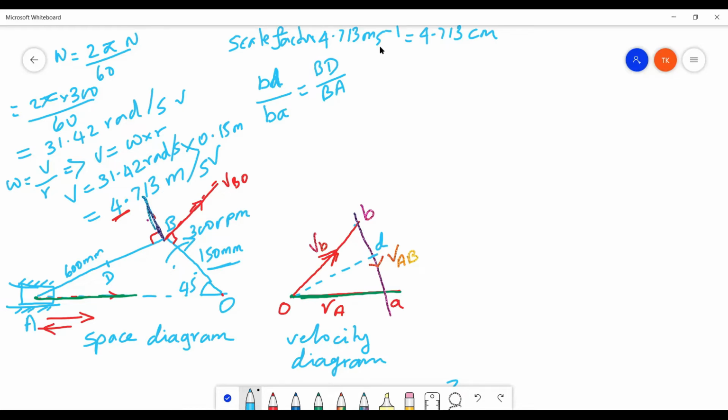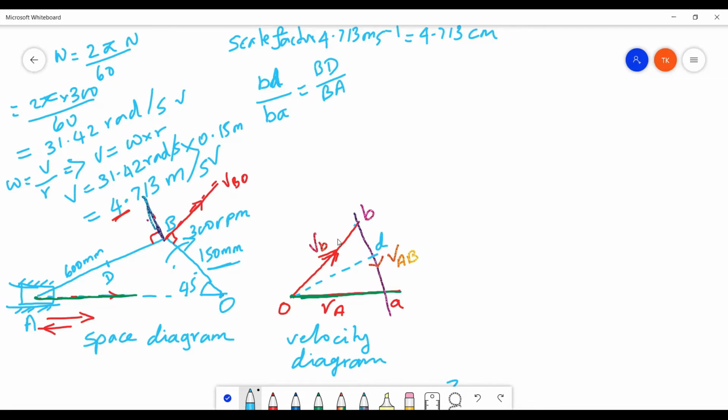Draw the vector OB perpendicular to BO to some suitable scale, to represent the velocity of B with respect to O, simply velocity VB, since O is a fixed point. That is found as 4.713 meter per second.